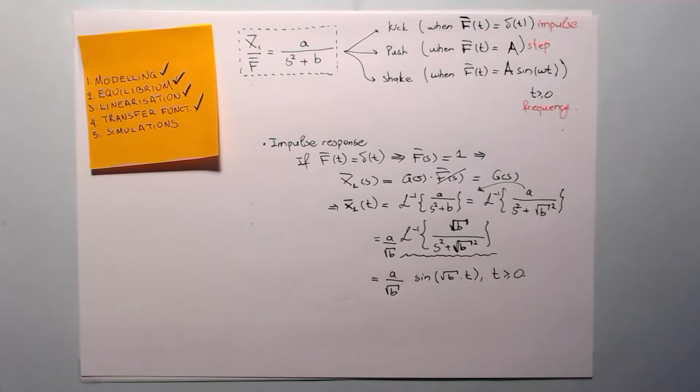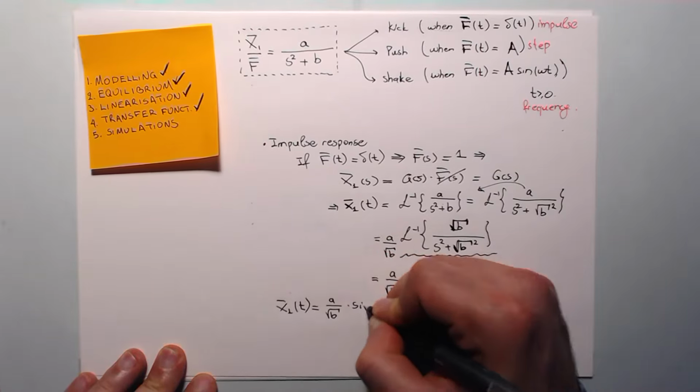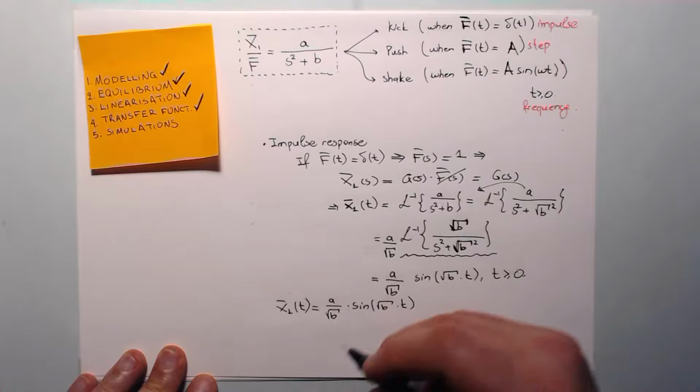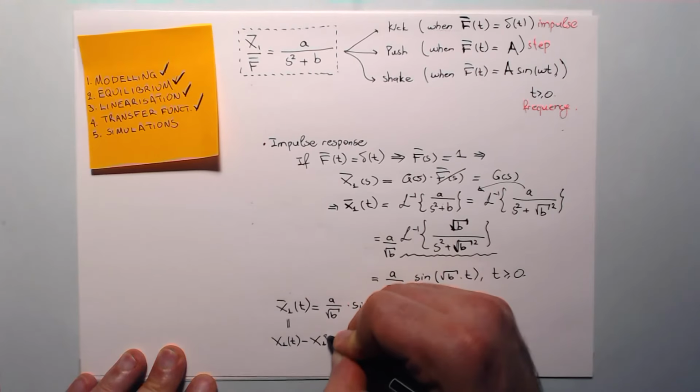So if you kick the system, this is what happens. Let's write it down clearly. x1 bar of t. Now if you don't want x1 bar, but you want x1 without the bar, recall that x1 bar is equal to x1 minus x1 equilibrium.